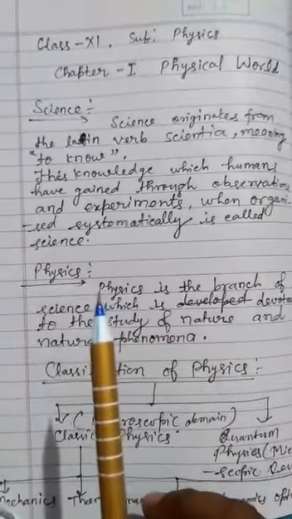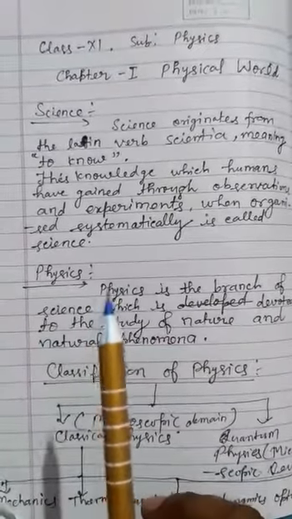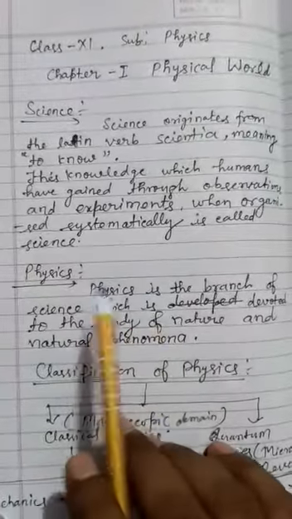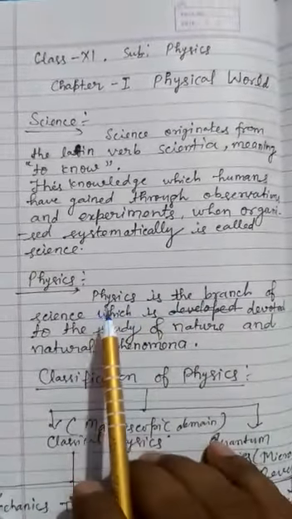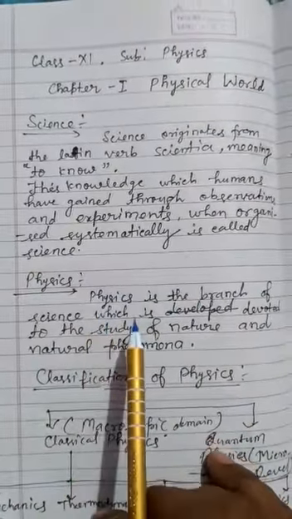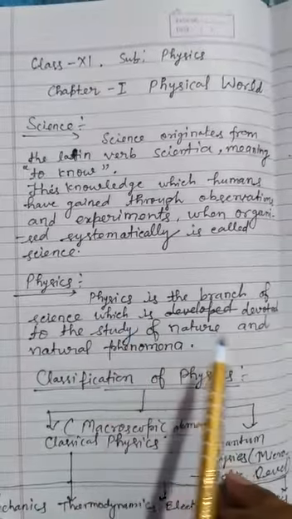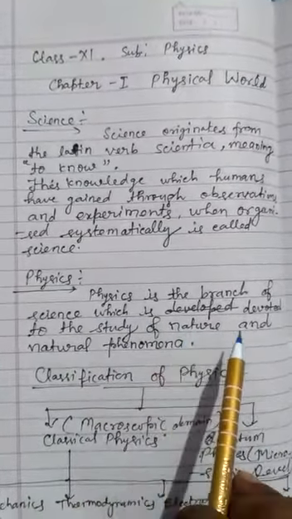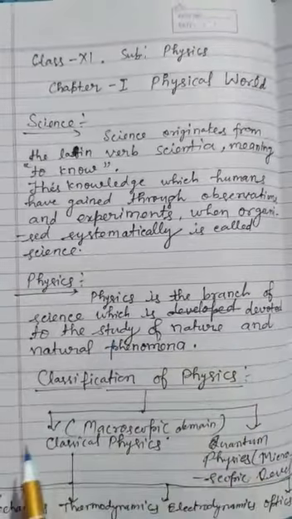First we will describe the physical science, that is physics. So physics is the branch of science which is developed for the study of nature and natural phenomena.